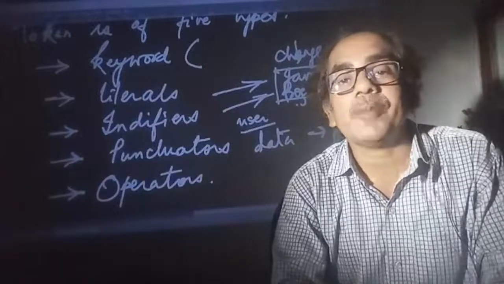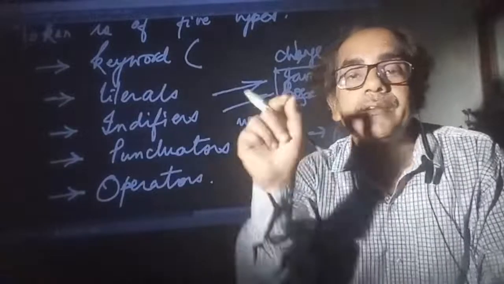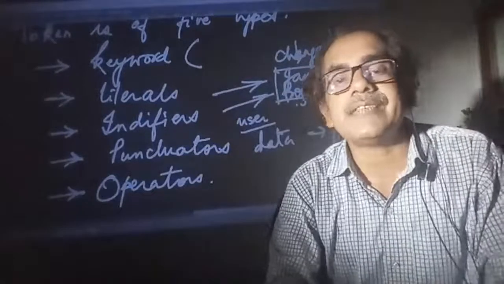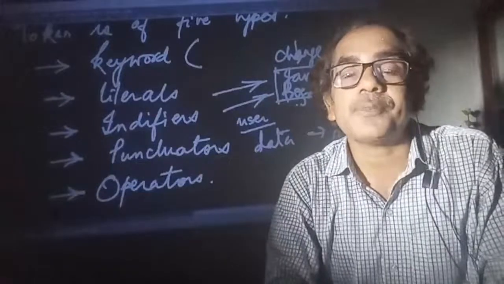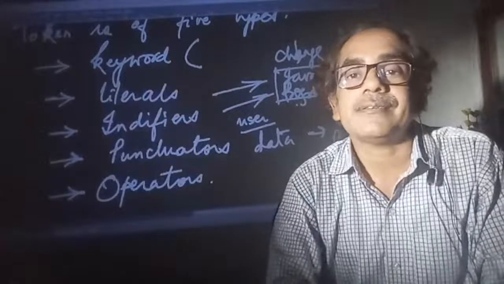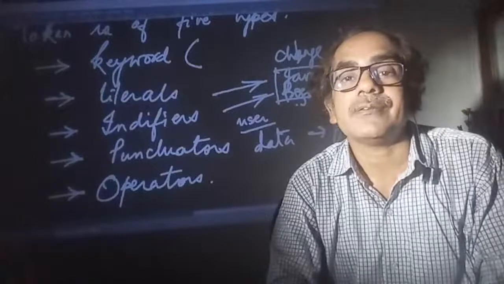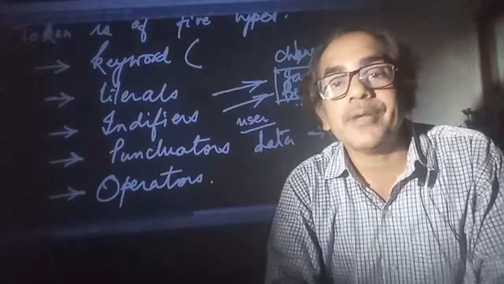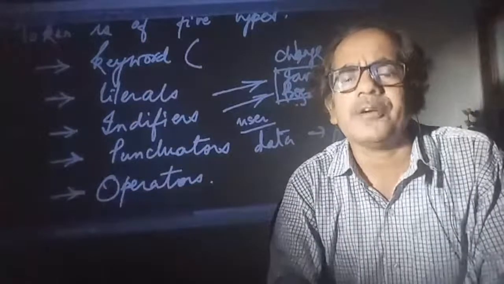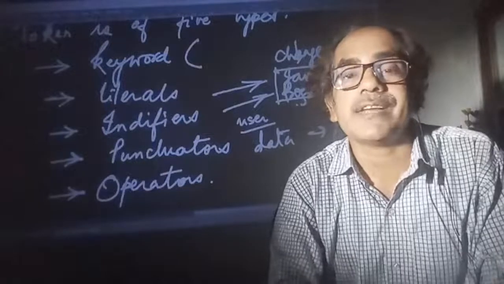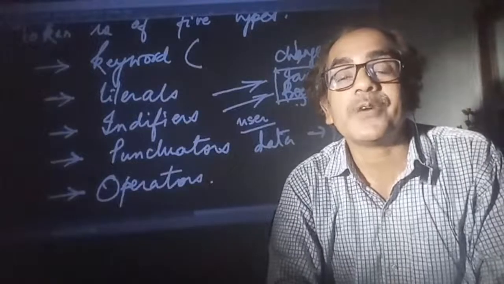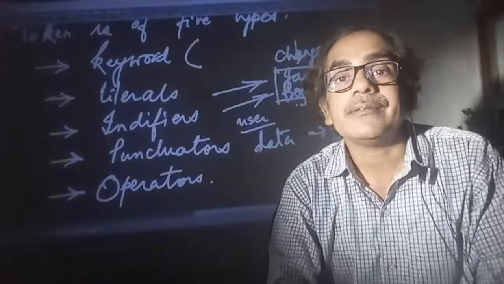And finally, operators. They are the symbols that represent a certain task of processing, like plus represents addition. You may know the percent symbol, which you studied in class 7, used for calculating remainder.